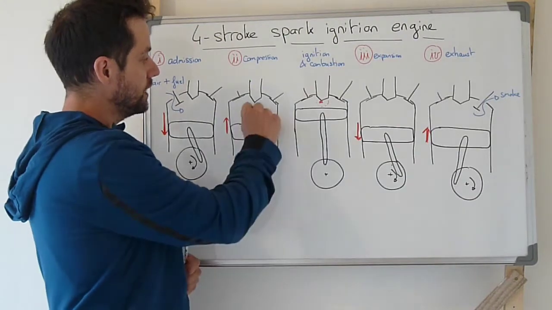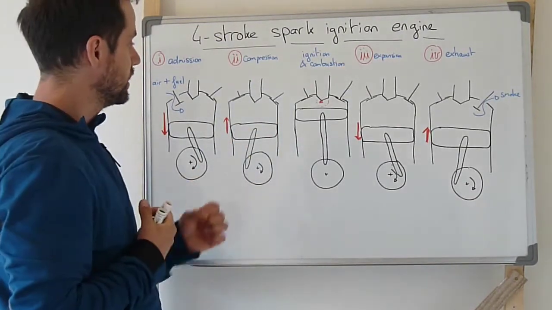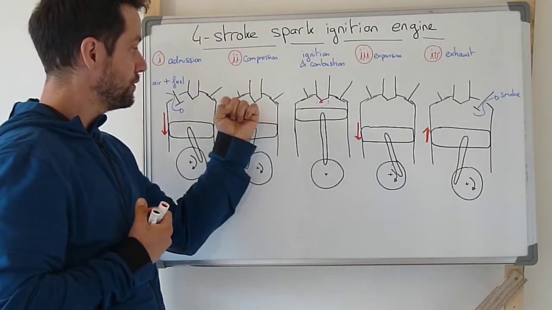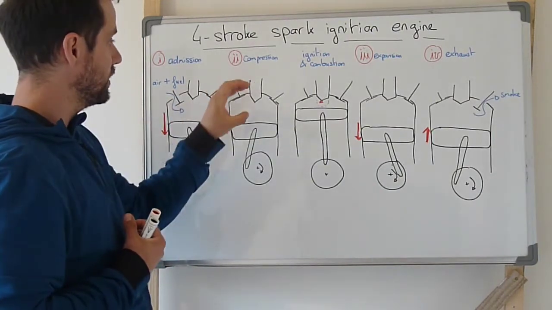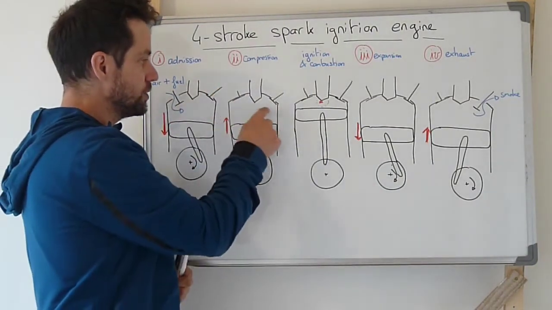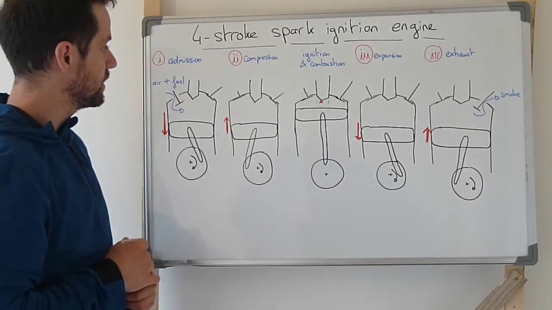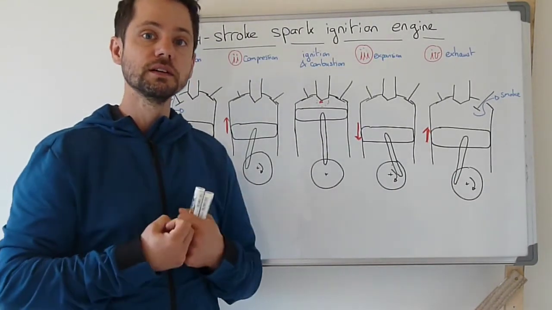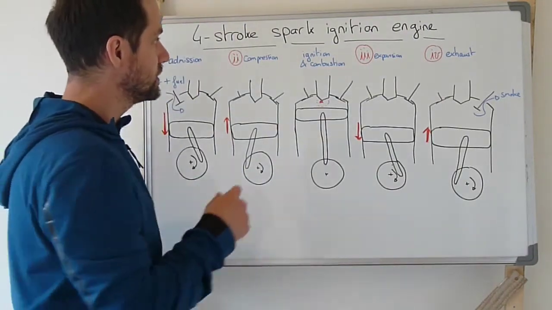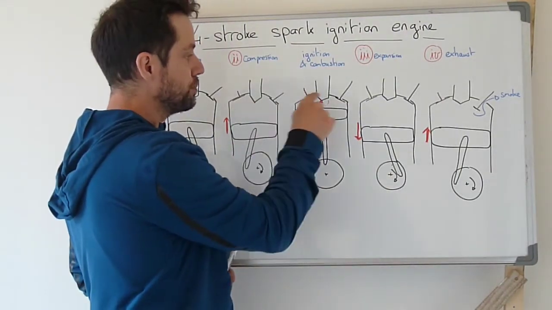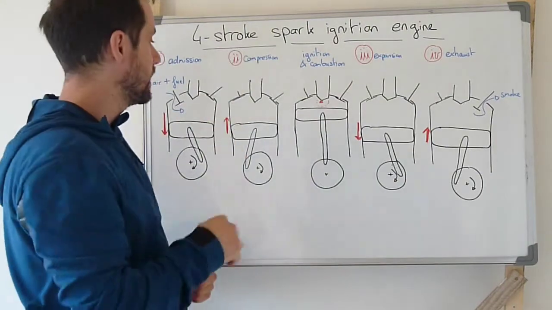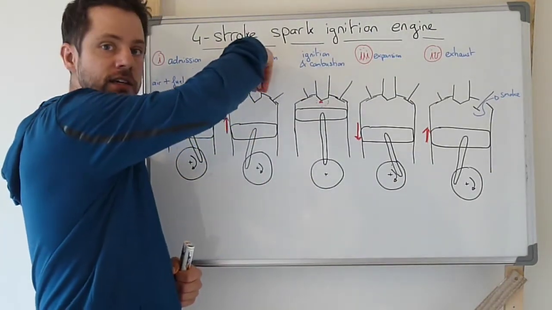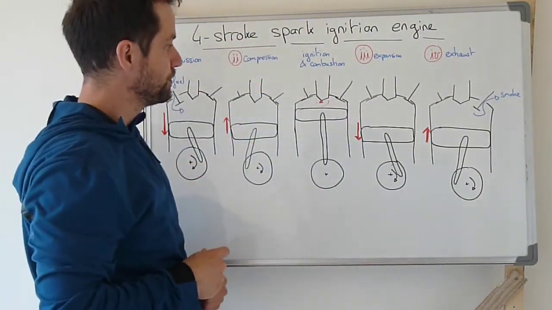So at the end of the compression stroke, we have all the mixture, air and fuel, concentrated inside the clearance volume, and that's when we want to start combustion. In order to do this, we use the spark plug that is present at the top part of the engine inside the clearance volume.